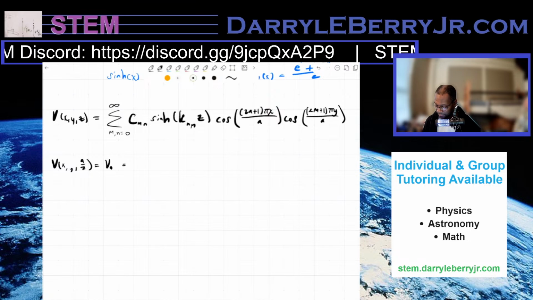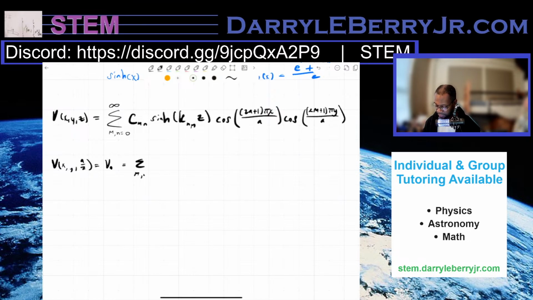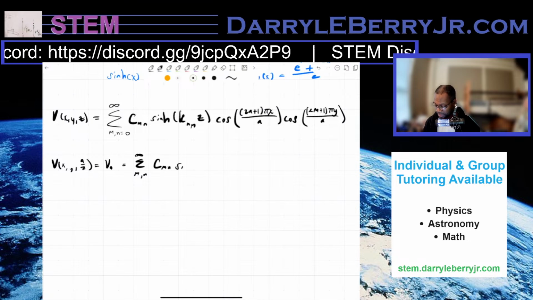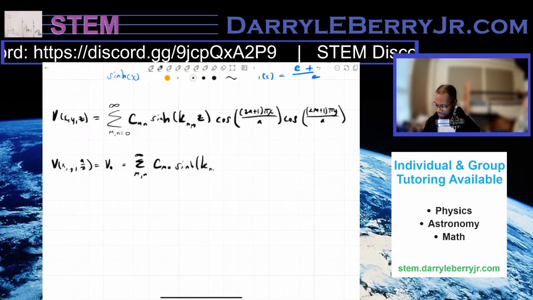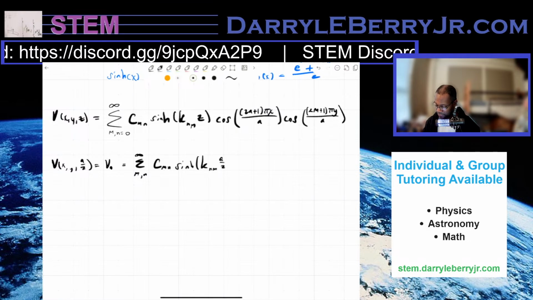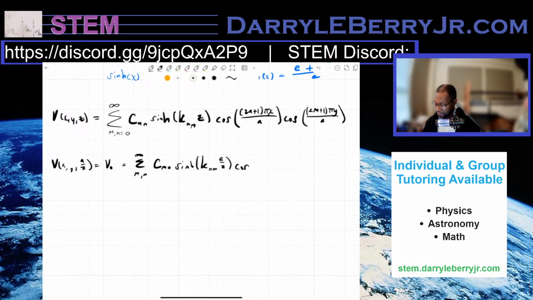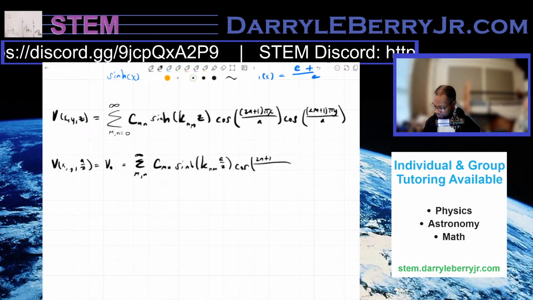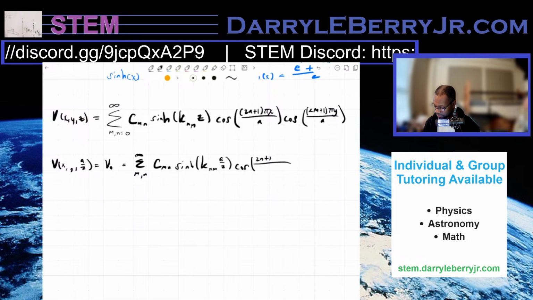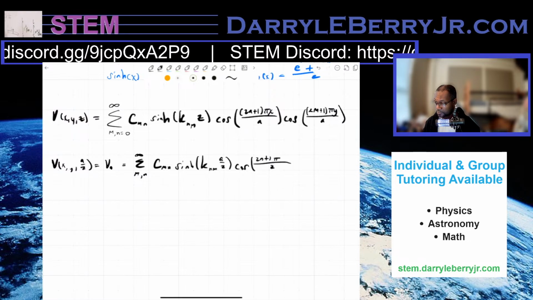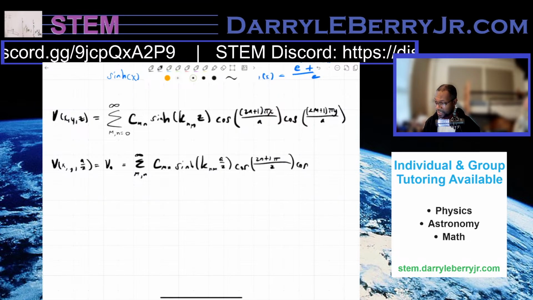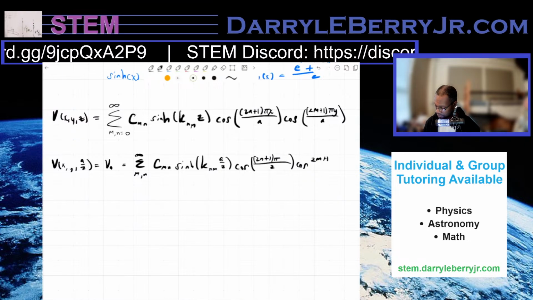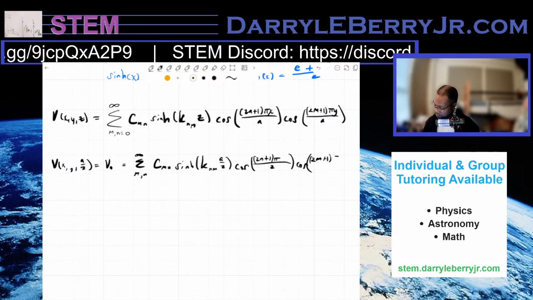So V naught would be the sum of C_mn, and let it be hyperbolic sine K_mn a over 2, then cosine 2n plus 1 pi x over a, cosine 2m plus 1 pi y over a.